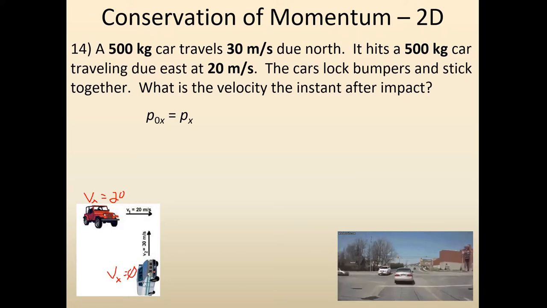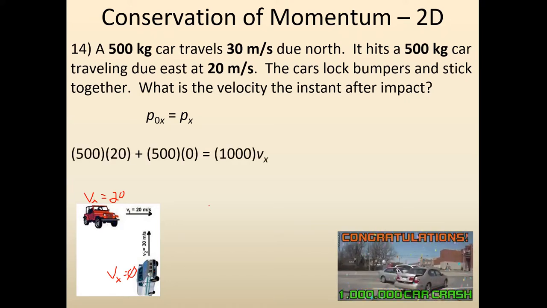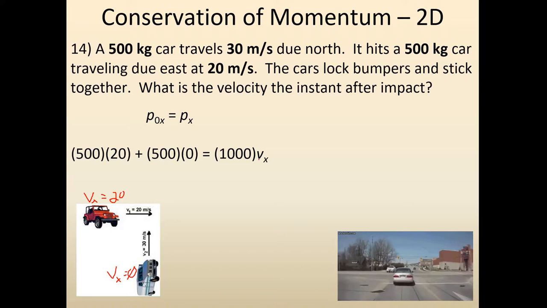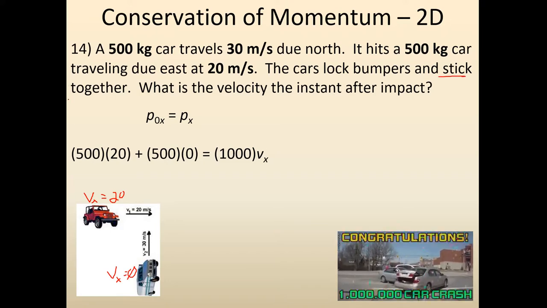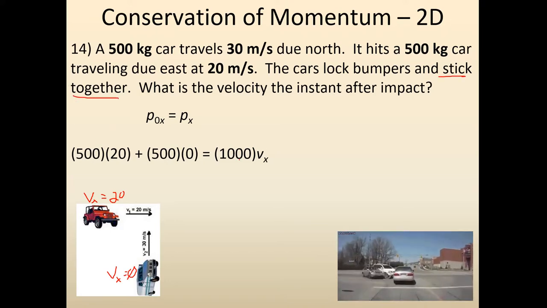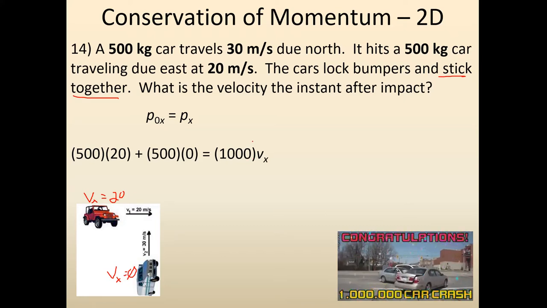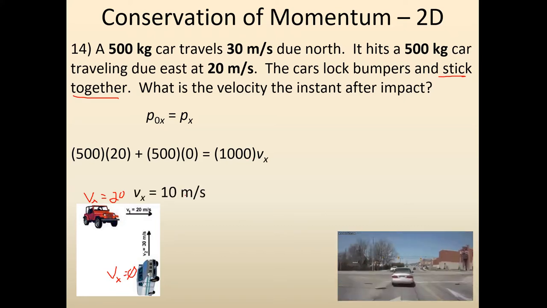So this has no x component. So when I set up the conservation of momentum, I have 500 times 20 plus 500 times 0, and I'm going to have it equal to 1,000 v because they stick together. So they're 1,000 kilograms combined together, and they're going to have the same final velocity. So when I solve this, I get that the x component is equal to 10.